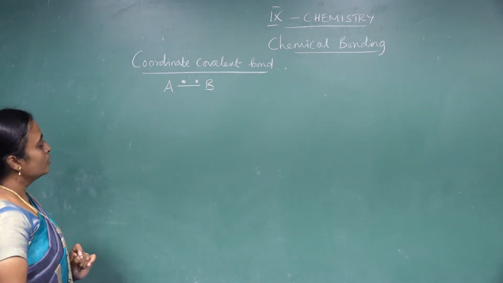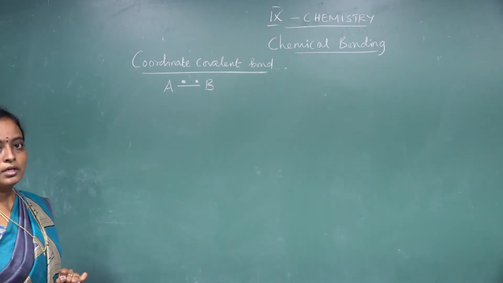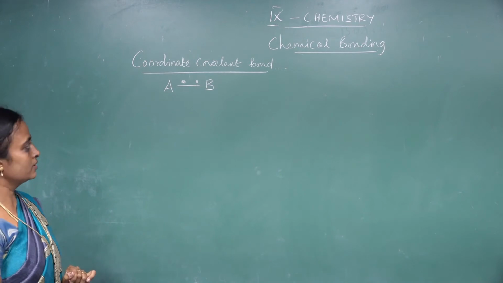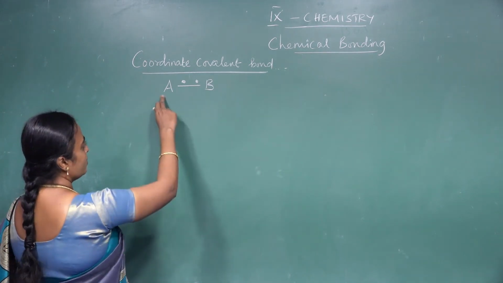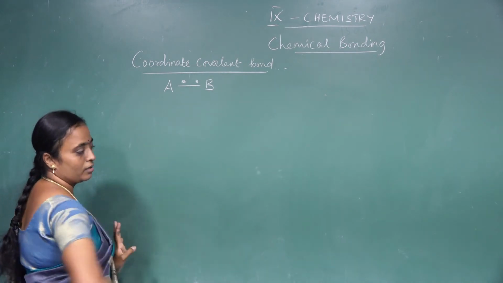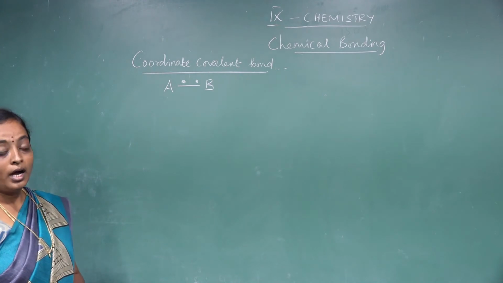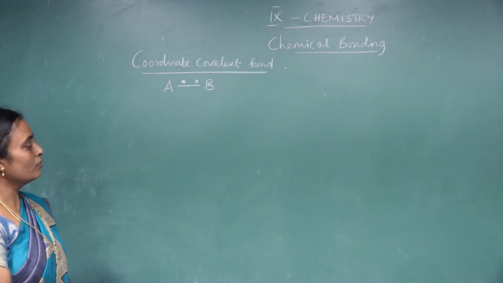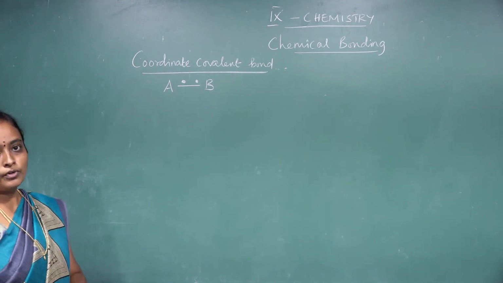So there is a mutual sharing of electrons between two atoms. Usually you can give the name covalent bond. And today we are going to discuss coordinate covalent bond in some compound formation.